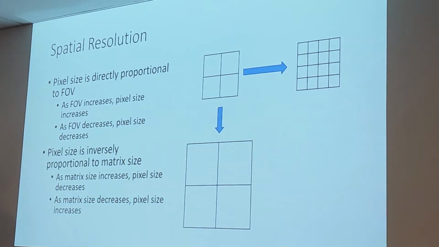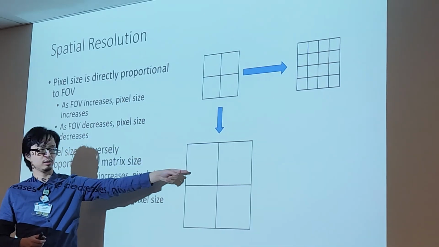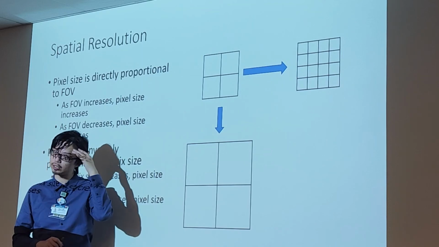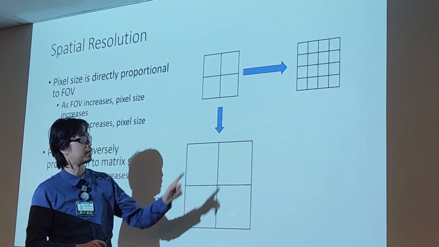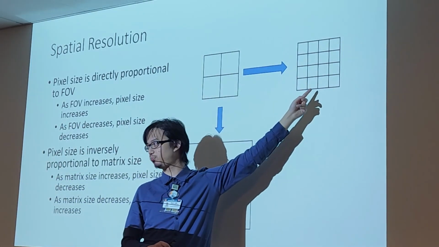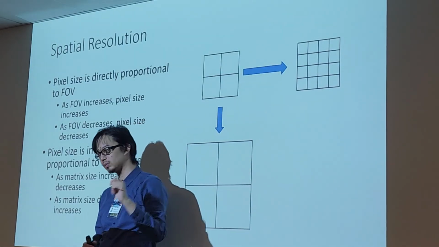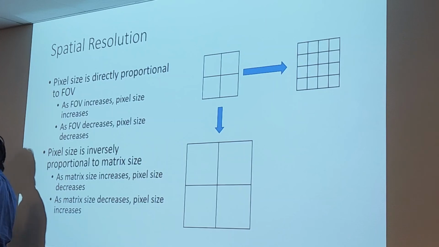So field of view is directly proportional to pixel size. If field of view gets bigger, pixel size gets bigger. Matrix size is inversely proportional to pixel size. If matrix size gets bigger, pixel size gets smaller. So just know that general relationship.